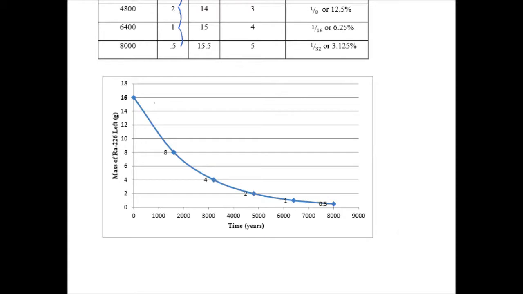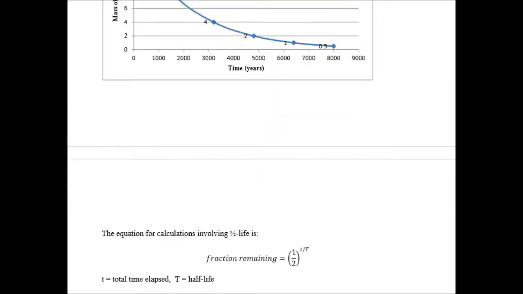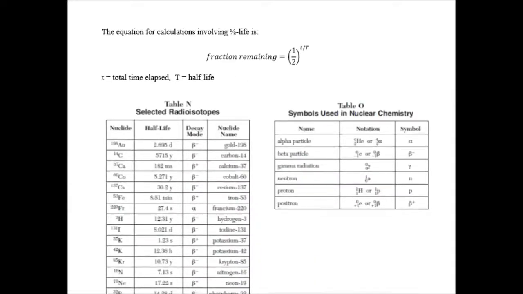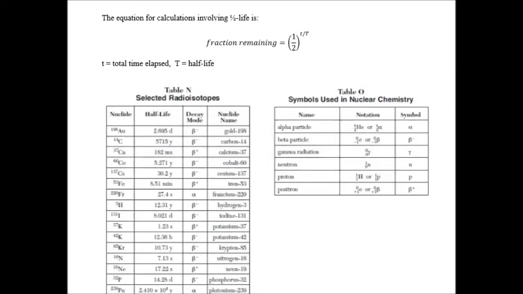And this is the graph of a half-life. We have an equation for calculating half-life, but we're not really going to use it in this class. Instead, I will show you a simpler way.